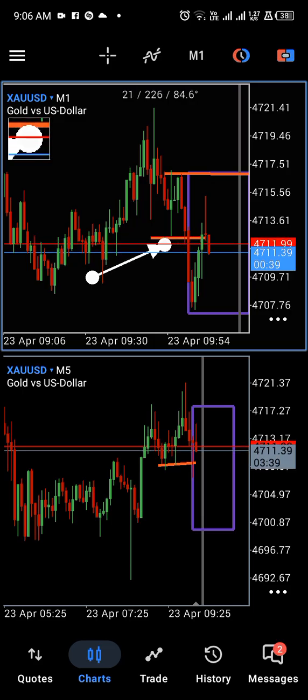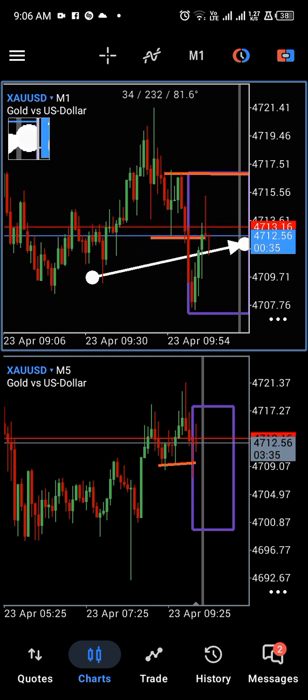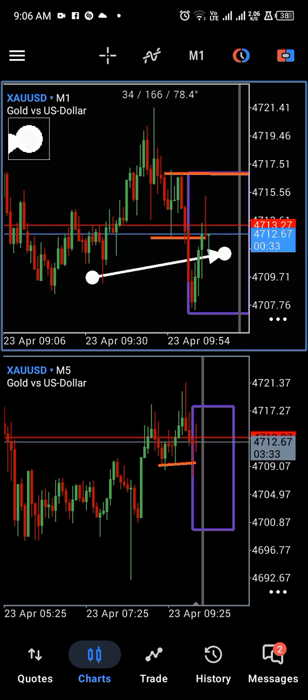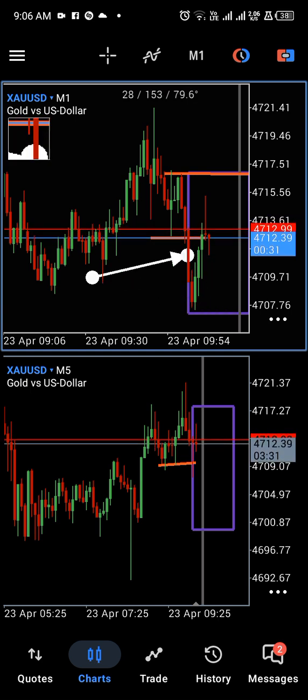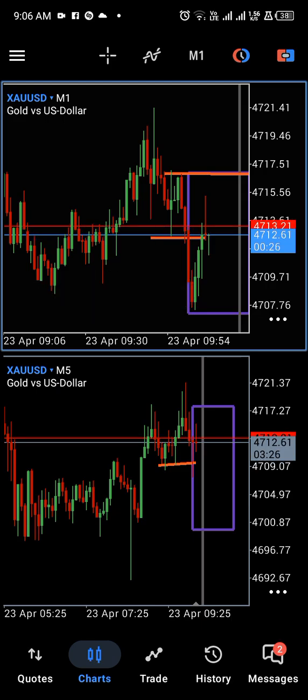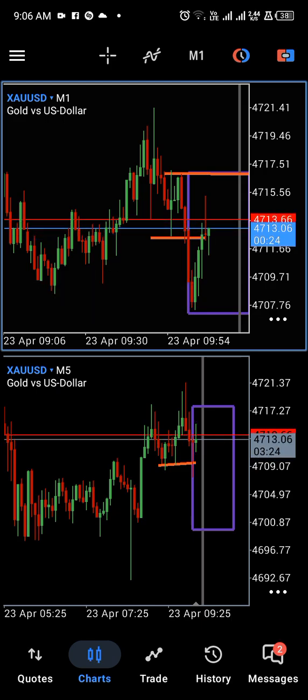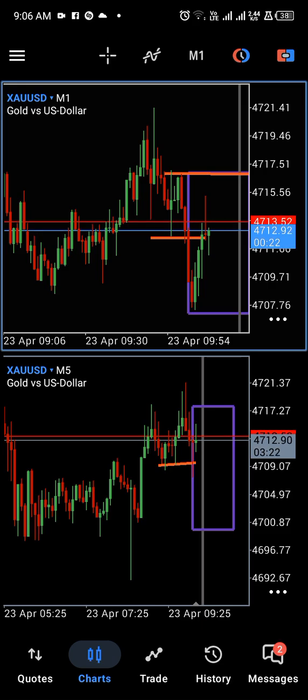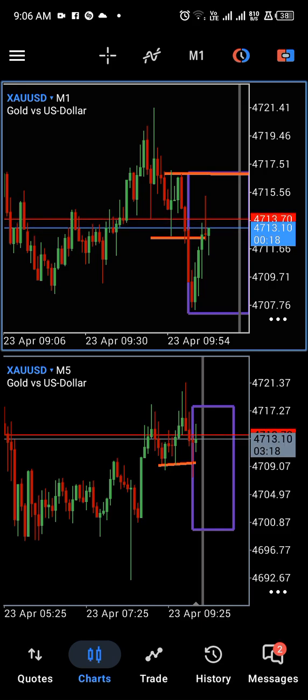So if we trade in between this area until maybe after 10 to 15 minutes, then I will know that on a 1 minute time frame we are bearish, and on a 5 minute time frame we are bearish also. So it will be two time frames indicating the same power and strength from the sellers.